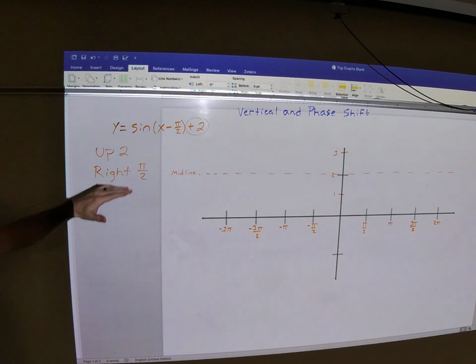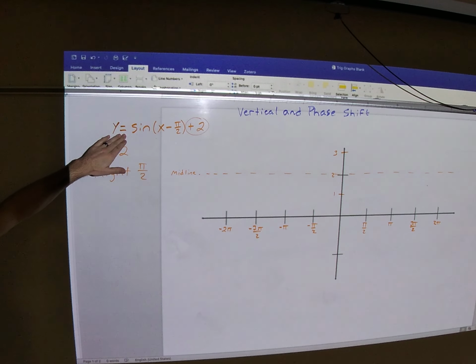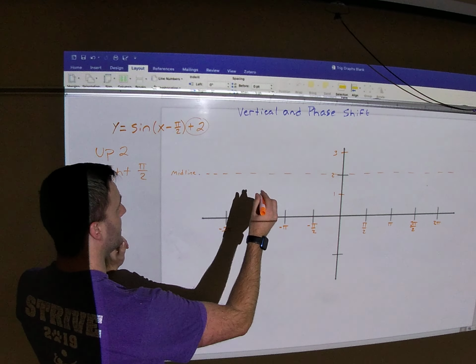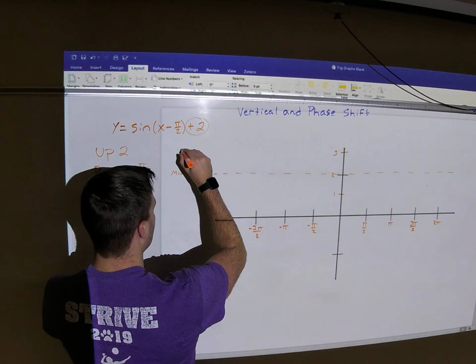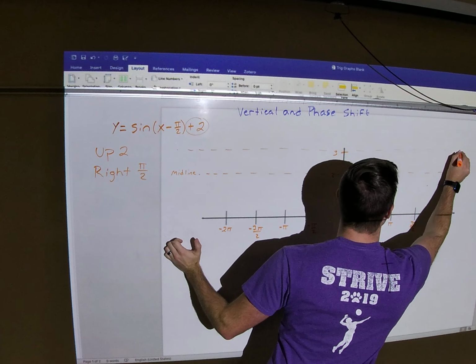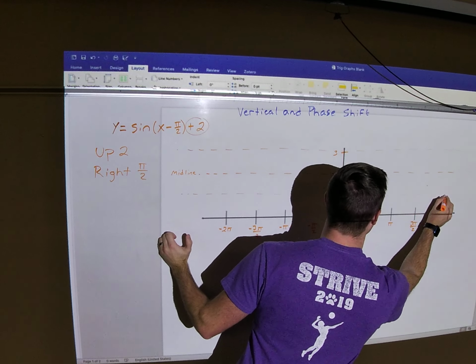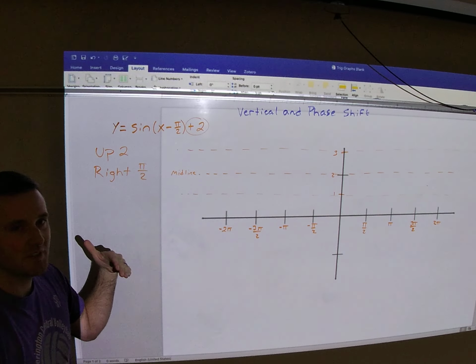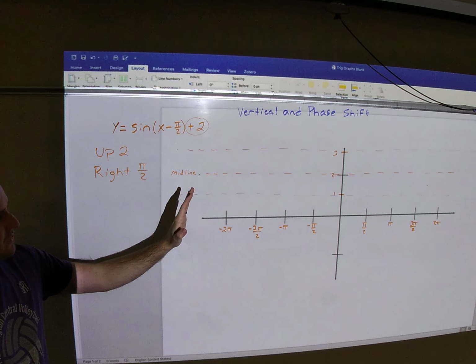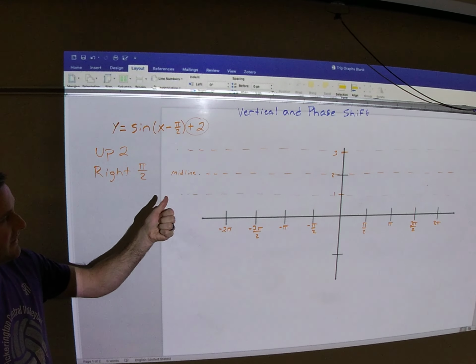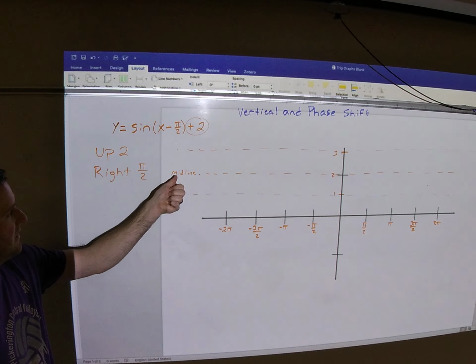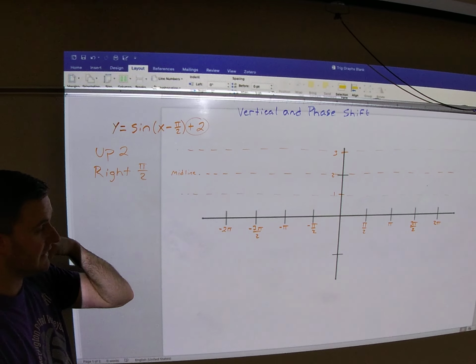Now, our amplitude is 1, because that's a 1 sine. So I would draw a dotted line at our maximum value and a dotted line for our minimum value. And that just makes it easier when you go and try to plot, all of our points are going to land either on the minimum, the midline, or the maximum. It's never going to land anywhere other than that.